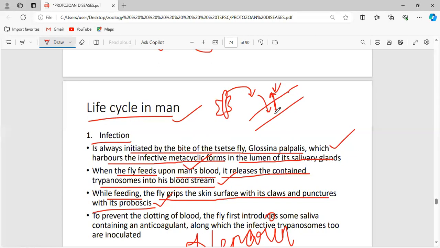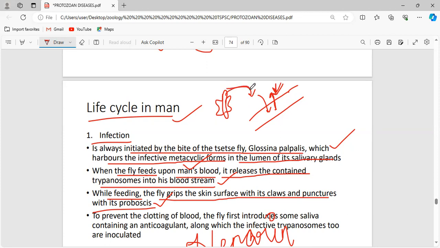And what does the saliva contain? It contains an anticoagulating agent like heparin in the insect's body. It may be any of that. The anticoagulating agent present in the saliva will prevent the blood from coagulation.